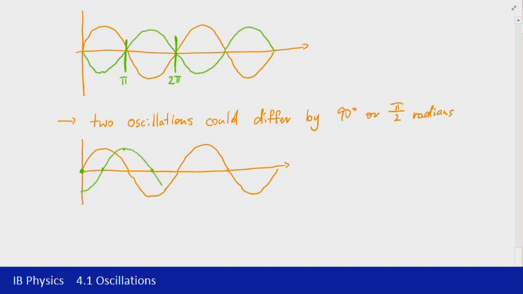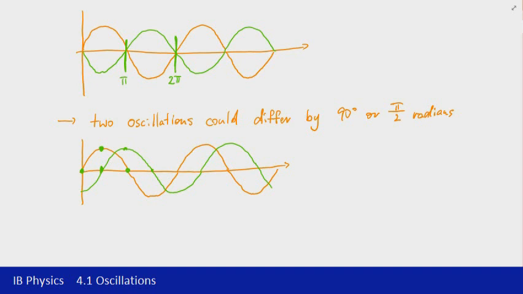So pi on 2 radians, or 90 degrees phase difference, means that one is passing through the equilibrium position while the other is at a maximum, and then when the second one is passing through the equilibrium position the first one is at a maximum. We're only really going to deal with those three, so 0, 180 degrees and 90 degrees, but we could have any angle in there, 45 or 30 or 27 or anything at all.